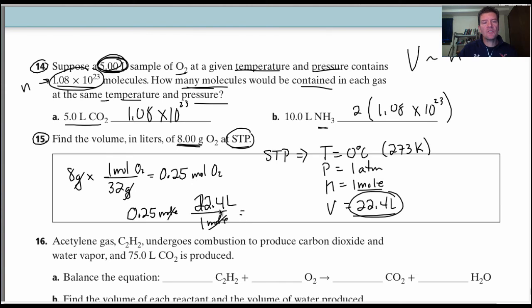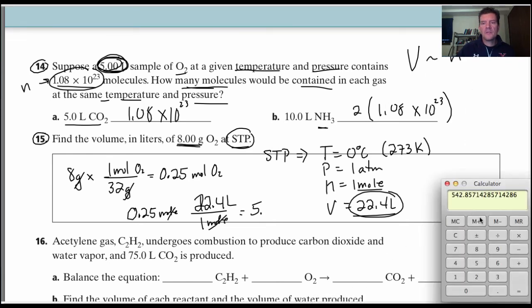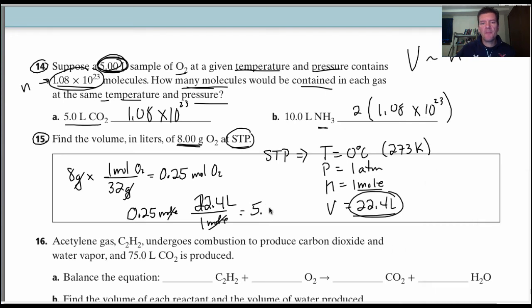You take 1/4 of 22.4, it's going to be about, what, 5 point something, right? 5.6, is that right? Yep. Okay. So 22.4 divided by 4 or times 0.25. That would be your volume of 1/4 of a mole.